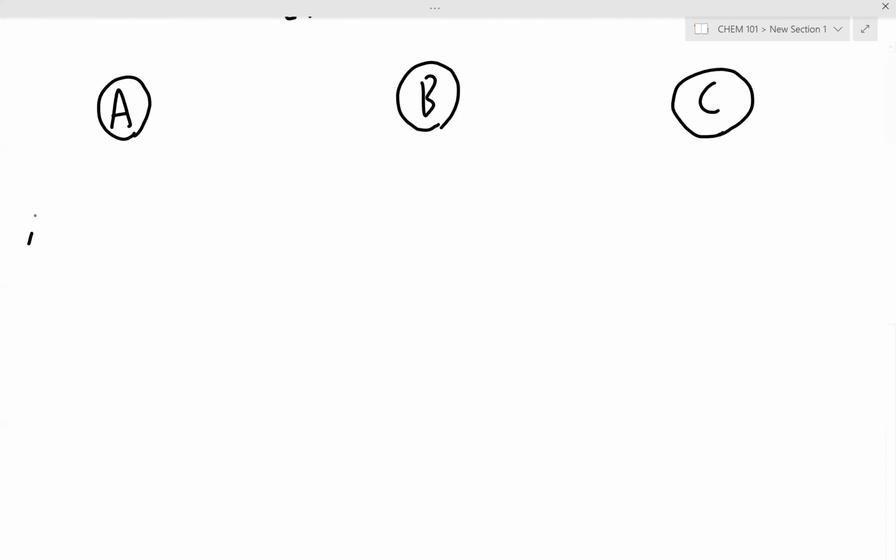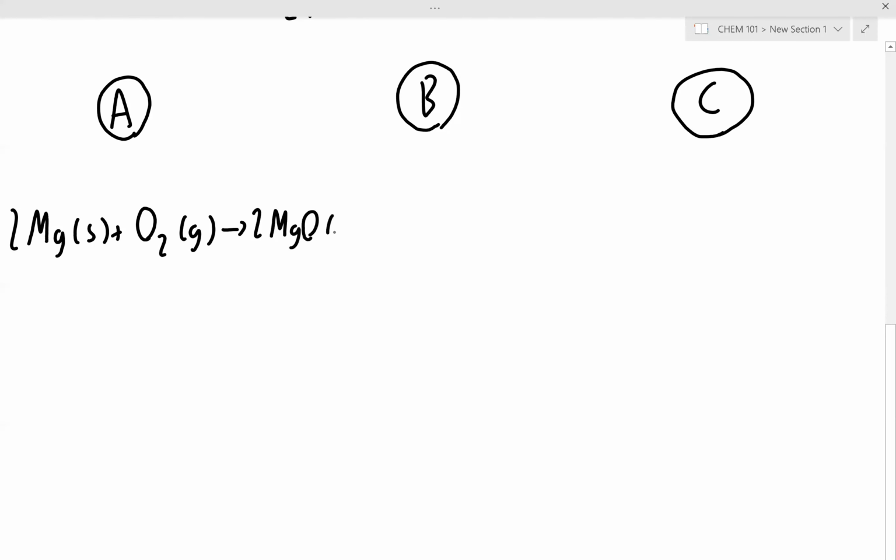Magnesium and oxygen. We're going to take magnesium solid, react it with oxygen gas, and we will generate what we think, for right now, I'm going to write as MgO, and it's your job to figure out whether I've prepared the correct formula. We're going to figure out the empirical formula of our product.